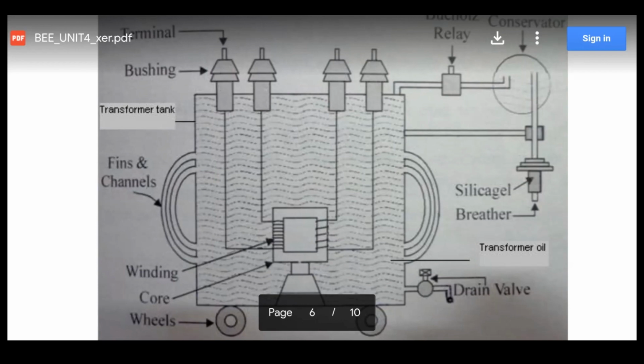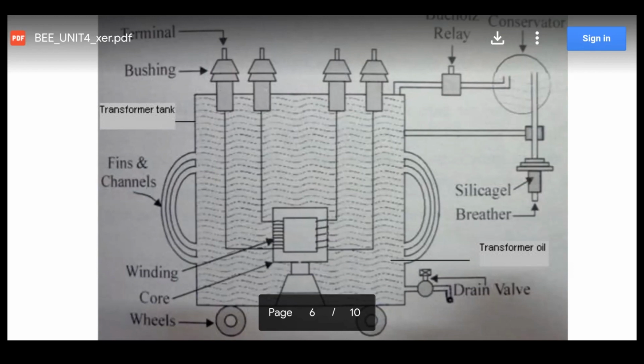So the transformer oil is cool, and due to the passage of current, heat is produced, so the transformer oil will also get heated up.